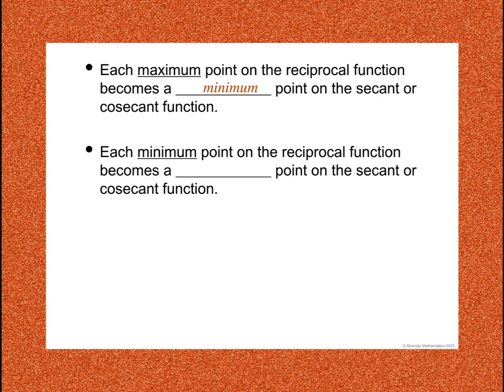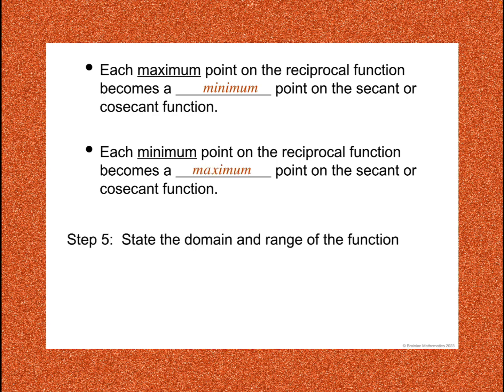When we graph its reciprocal function, the cosecant graph, we flip it up into a U shape. Now that point is at the bottom of the U, or the minimum point. Likewise, every minimum point on the reciprocal function will become a maximum point on the secant or cosecant function. That results in the entire graph of our secant or cosecant function.